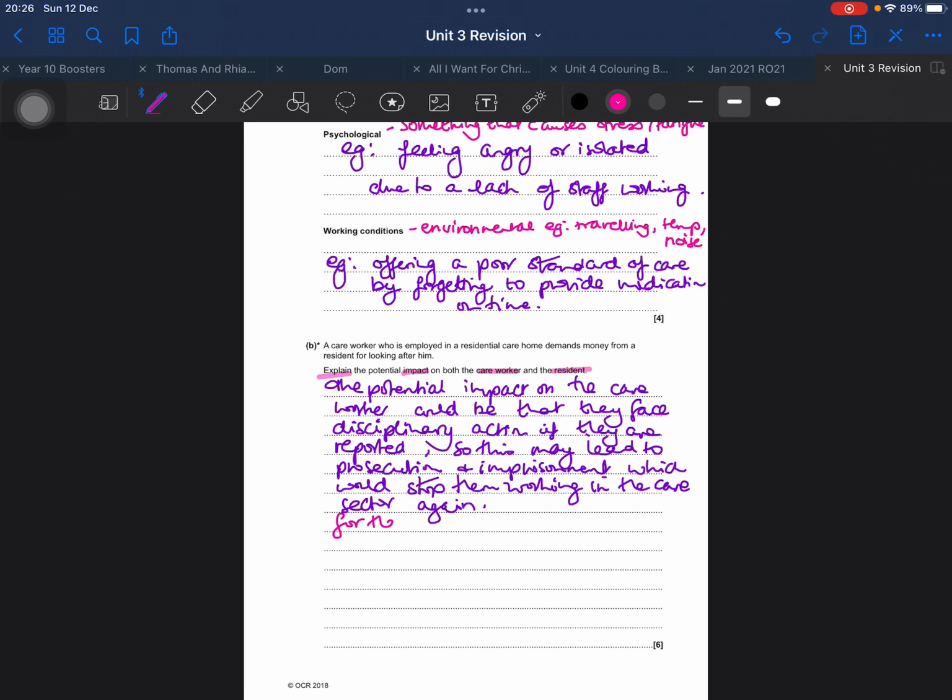So for the individual resident, they may suffer financial hardship because they've given the money to this person, and yet they're already paying for their care to the care home itself. They may feel embarrassed.